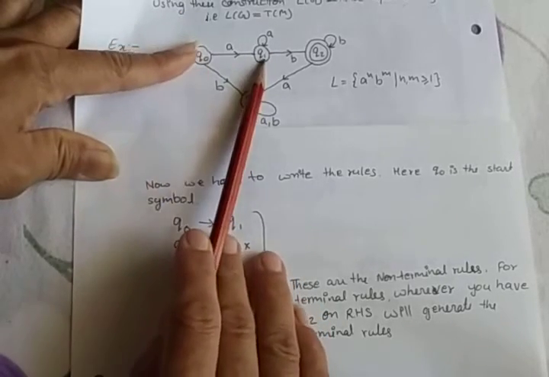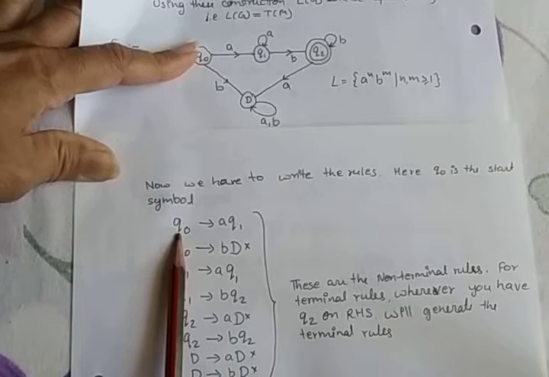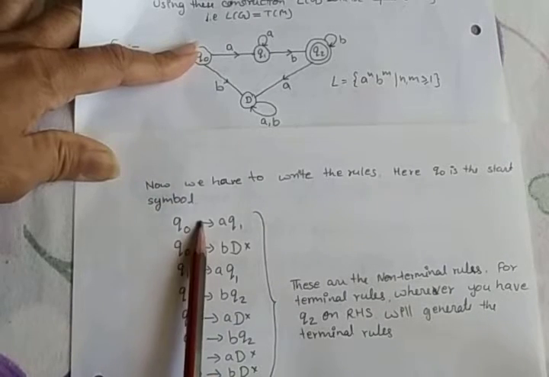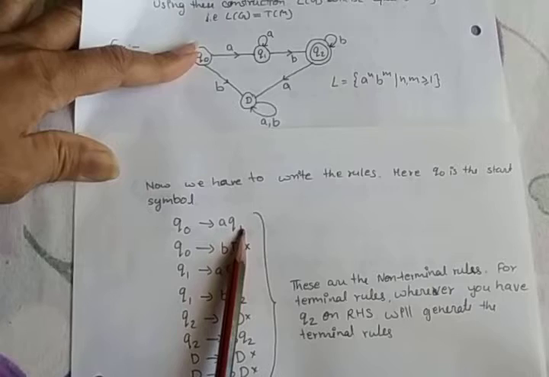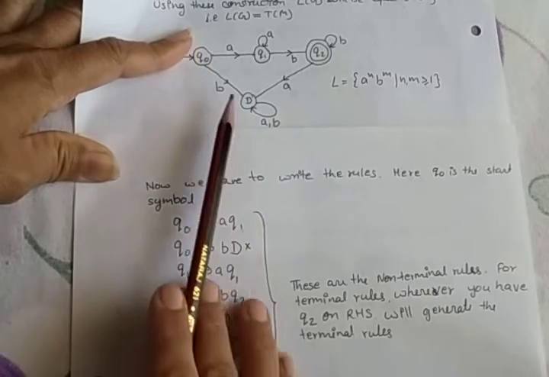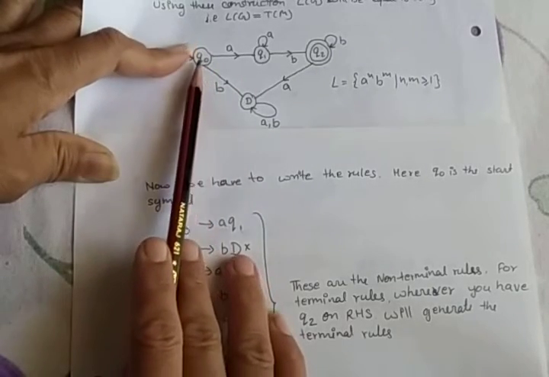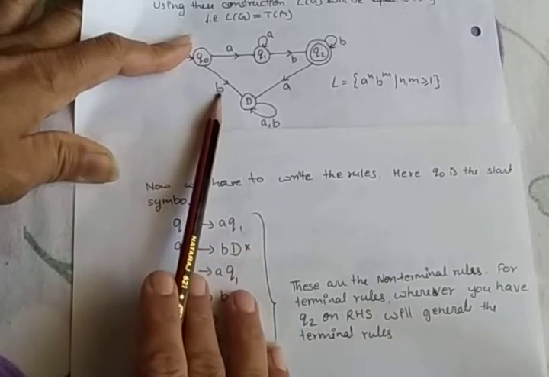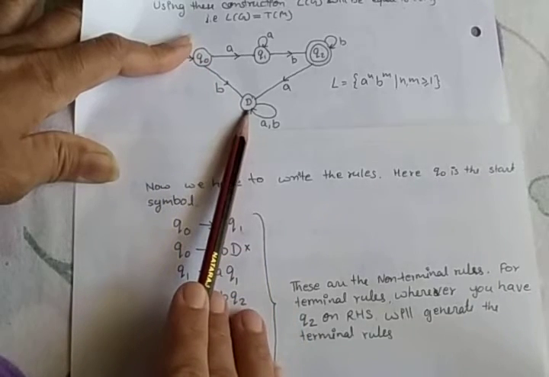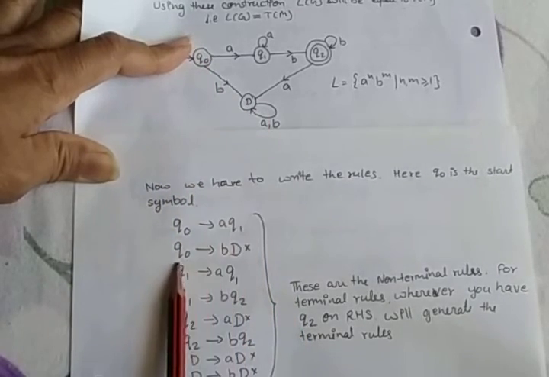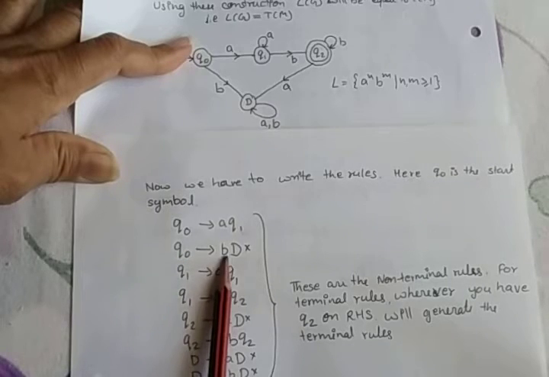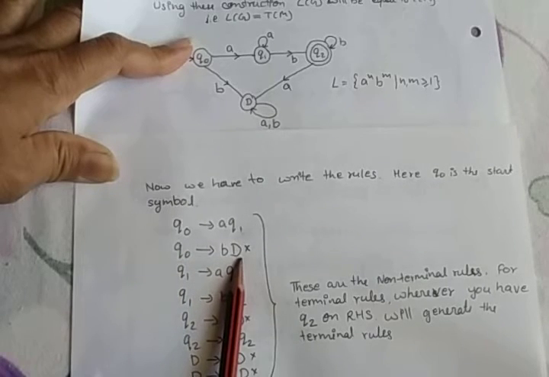So the corresponding rule is this: Q0 tends to A Q1. Right? Similarly, at Q0 we read symbol B and go to state D. So Q0 tends to B D.